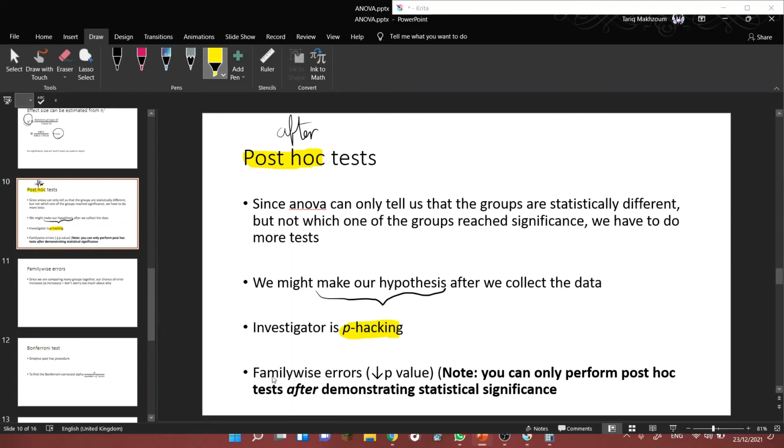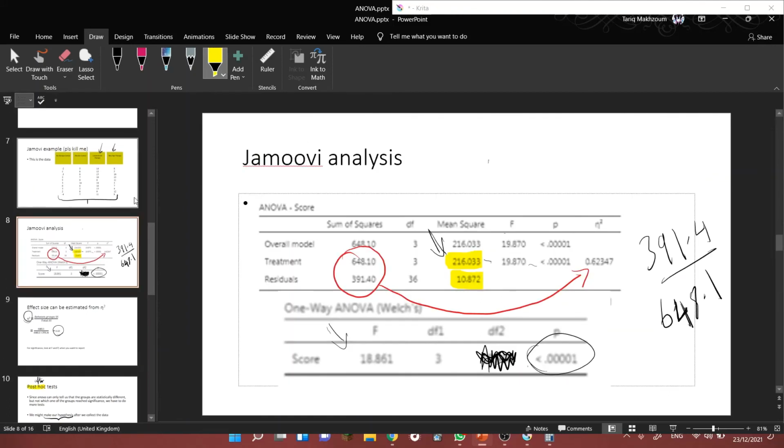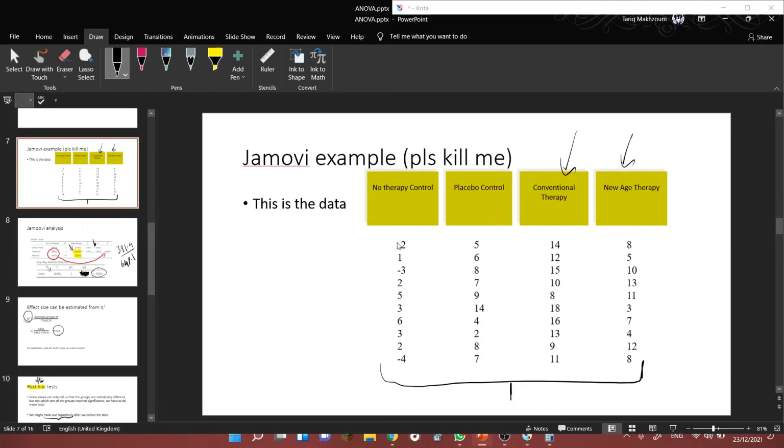The final reason why we do post hoc tests is to lower family-wise errors, right? And basically, if you look here, you'll notice that the p-value is very high. But the issue is that the more groups that we have, the more tests we need.